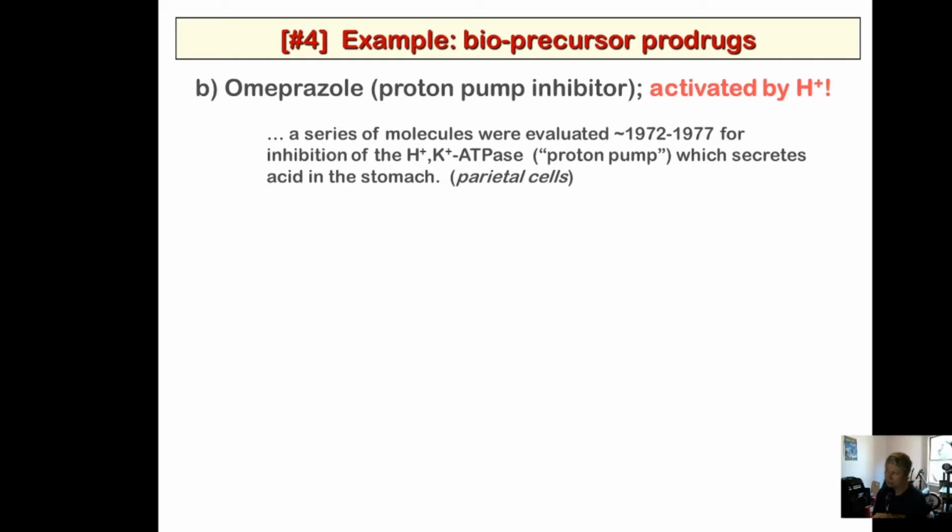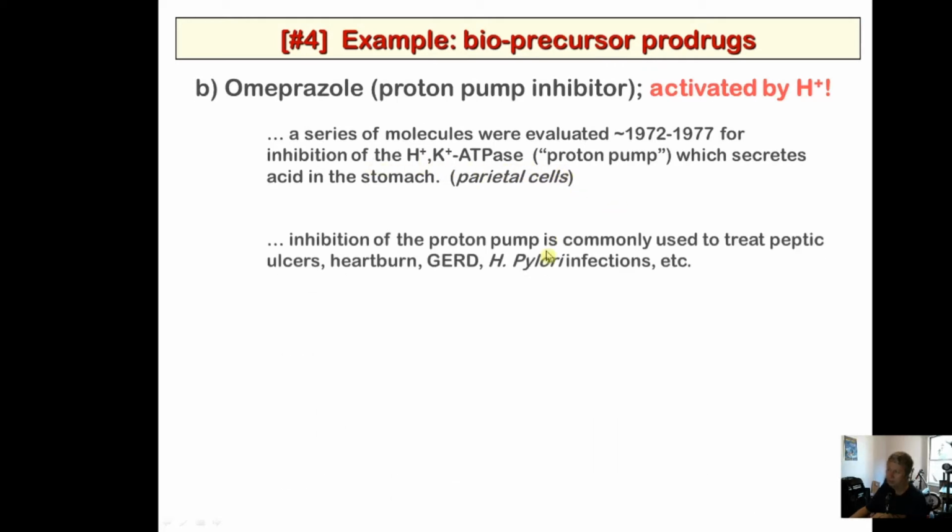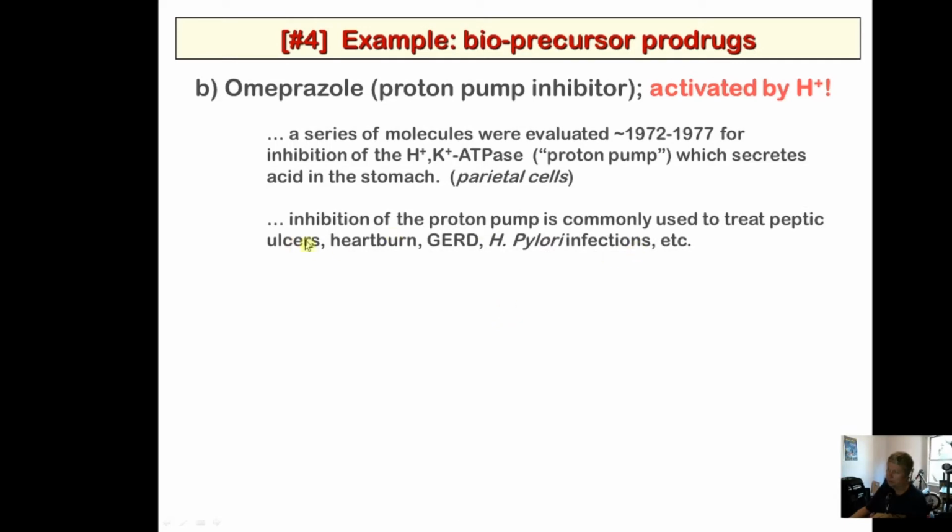And it also causes symptoms like heartburn and peptic ulcers. So it's useful to inhibit this channel protein in order to relieve some of these symptoms.